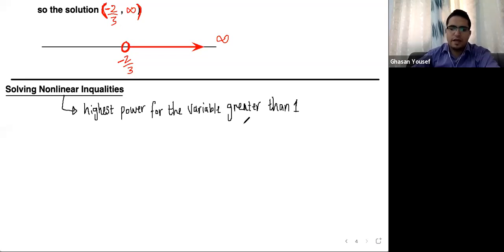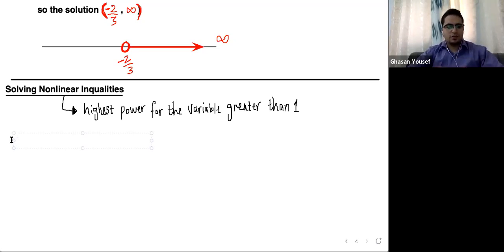For example 2, 3, 4, any power like 2 or 3, like x squared, x cubed, x raised to the power 4, all of these are nonlinear variables. So here we have some steps.